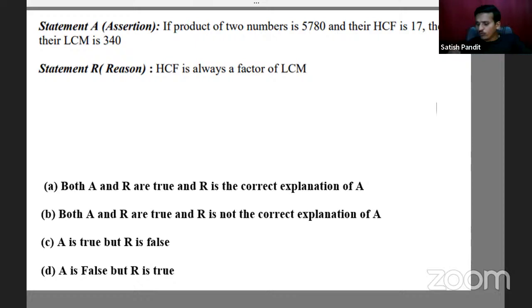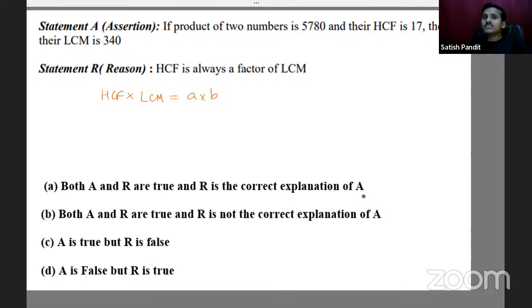If the product of two numbers is 5780 and their HCF is 17, then LCM is 340. We have to check whether this is true or not. Now we know that HCF of two numbers into LCM of the same two numbers is equal to the product of the two numbers.